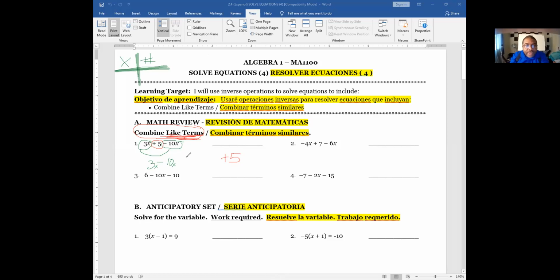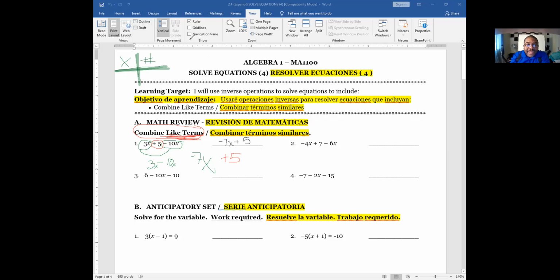Use your calculators, it'll show you. So you're going to have negative 7x plus 5. So the answer is negative 7x plus 5. That's how we arrived at that answer, because we combined the like terms, okay?